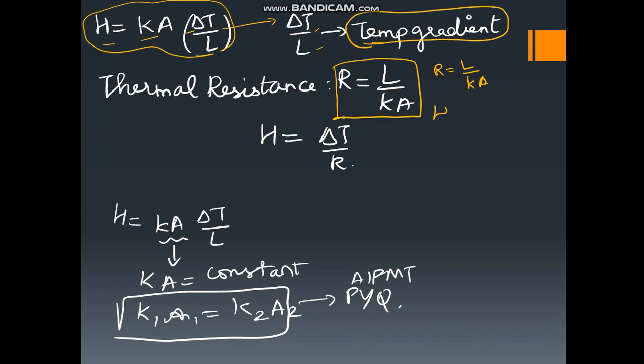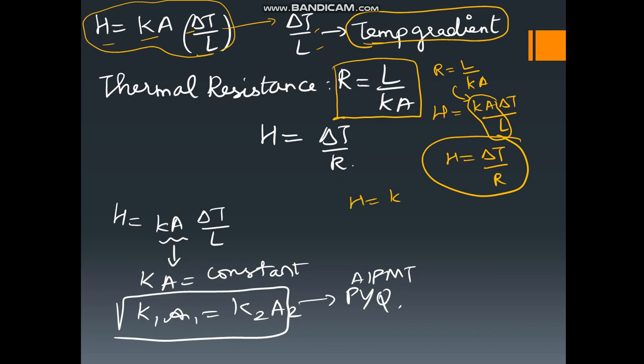We have learned that H = KA delta T / L. If I substitute R, it becomes H = delta T / R.